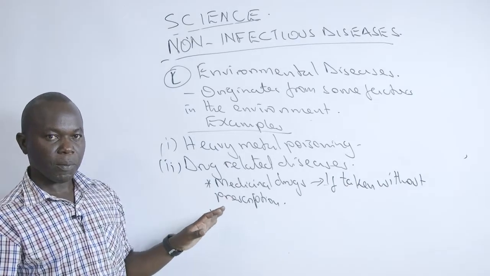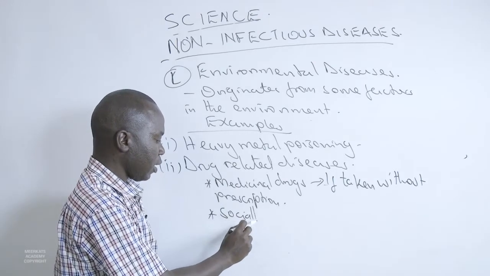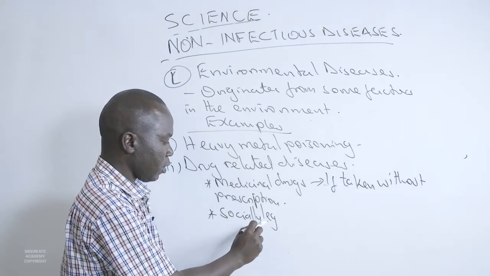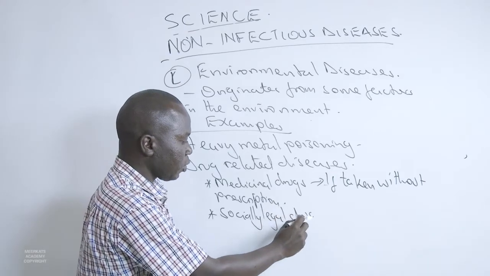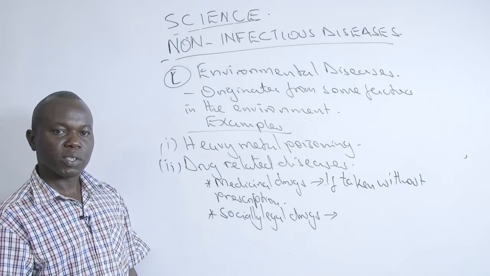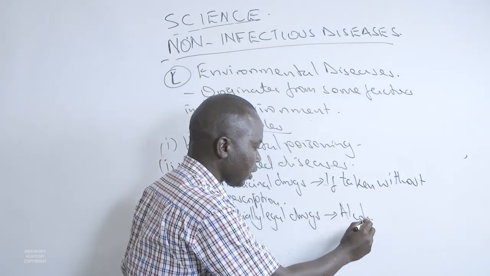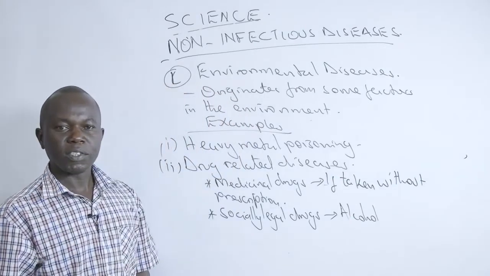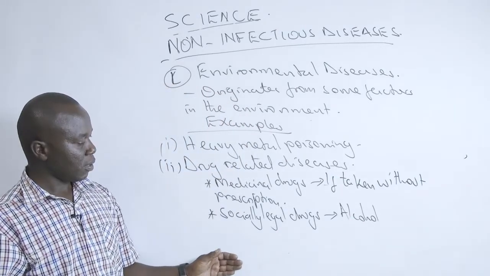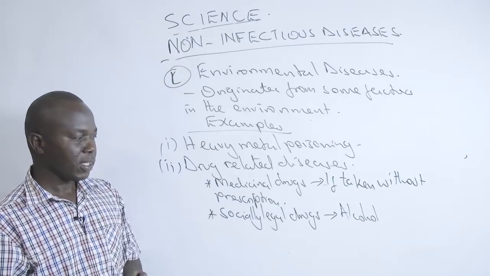It does not stop there. We also have socially legal drugs. Socially legal drugs, the ones that have been licensed to be sold. For example, alcohol. Alcohol is a drug, but if it's not consumed responsibly, it is also going to have some effect.